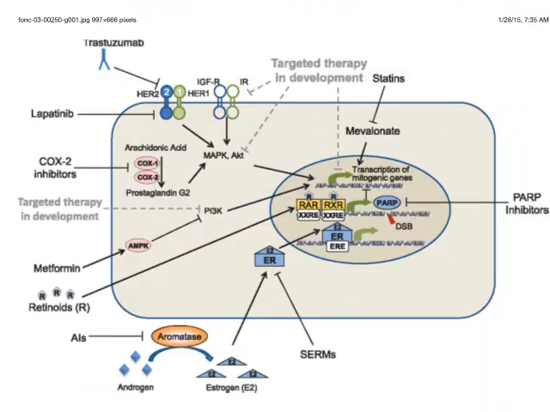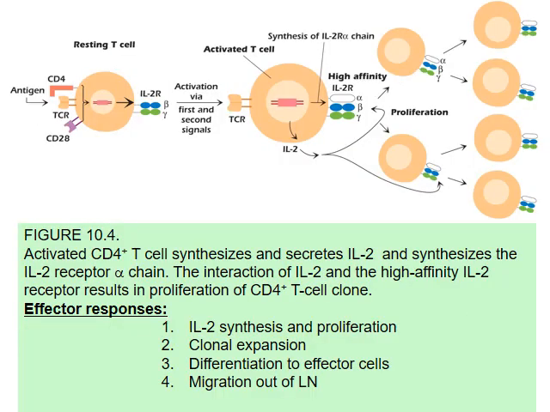The only thing I just wanted to emphasize was that T cells, when they get activated, produce IL-2, which is a growth factor, and it will put a receptor over here so that this takes effect.